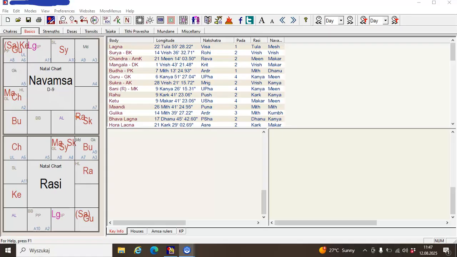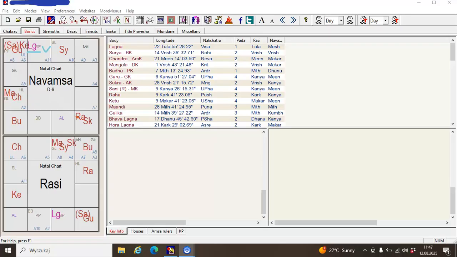So I will explain. Here we see my Navamsha. We need to establish where the Navamsha Lagna is. The Navamsha Lagna falls into the sign of, obviously, Mesha. What do we know about that?